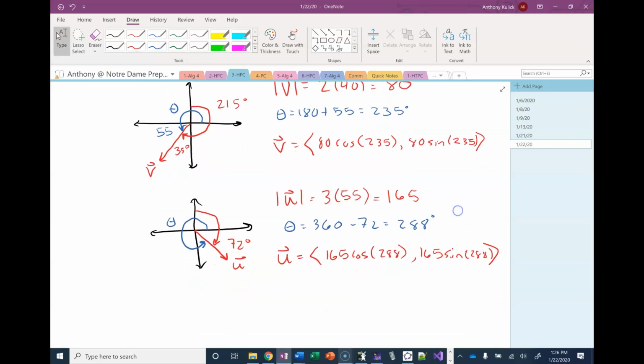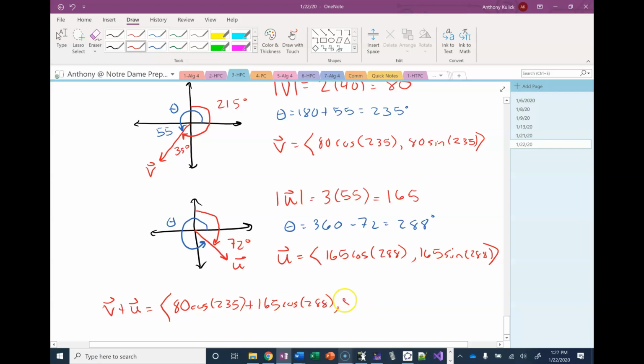Okay. So the vector that I care about then at the end is going to be the vector u plus v. So that's just going to be 80 cosine 235 plus 165 cosine 288, and then 80 sine 235 plus 165 sine 288.